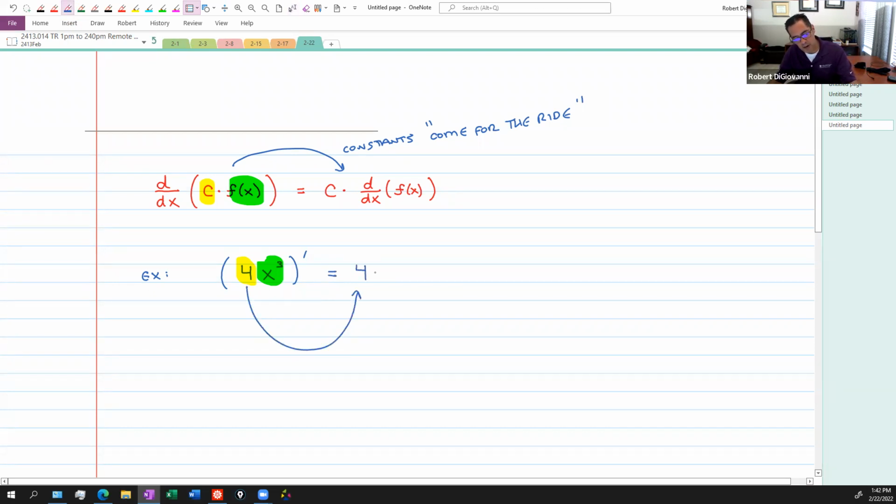Okay, just bring it along. And then go ahead and take the derivative of the other part. The other part was x cubed. And I know the derivative of that is 3x squared. That's the power rule, right? So I do the power rule on that. There's my derivative. The derivative of that is this, and the 4 just came for the ride. And then I can multiply the 4 and 3 together, and that'll give me 12x squared.